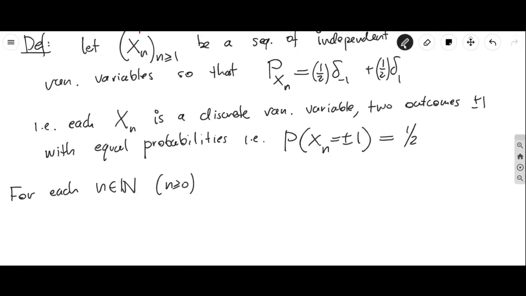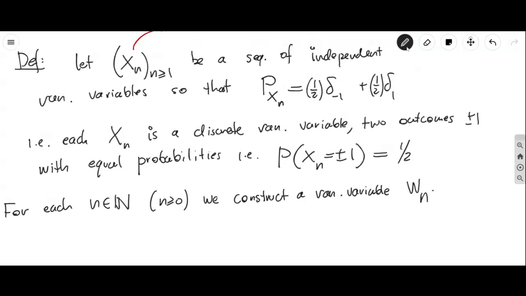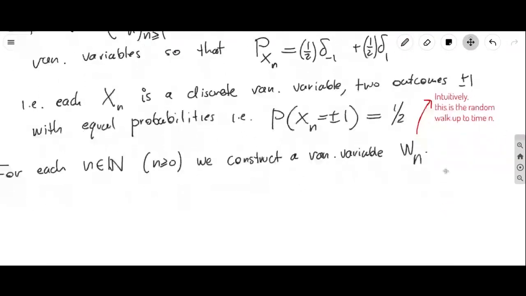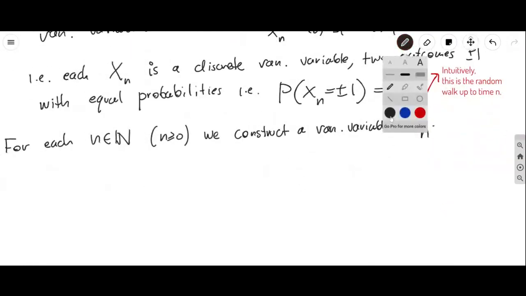So for each natural number, we construct a random variable, Wn. Intuitively, this is going to represent the random walk up to time n. That's what that's supposed to represent: the random walk up to time n. It's defined as follows.